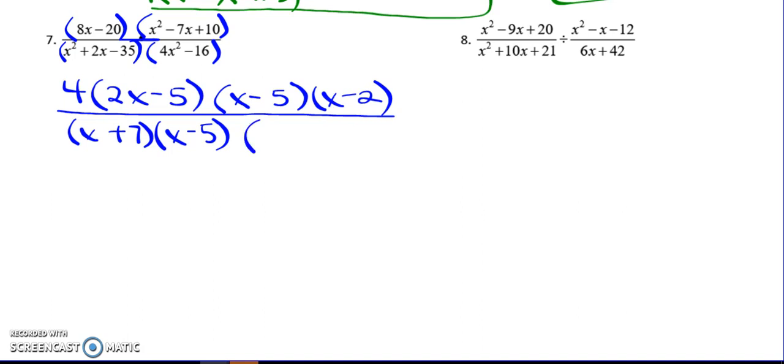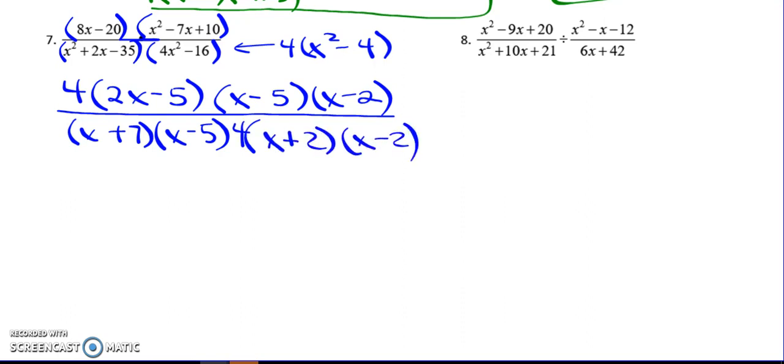Bottom right is perfect squares, and take out a GCF. So I'm going to take out a 4 before I do the perfect squares. When you do that, that turns into x squared minus 4, which is x plus 2, x minus 2. A little easier there once you factor out a GCF.